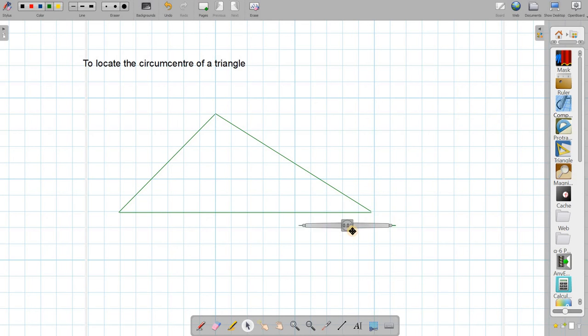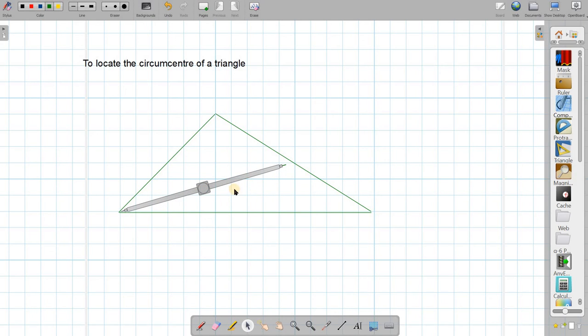For that, I am first going to draw the perpendicular bisector for the base. I'll just elongate it, it should be a little bigger. The needle is kept here. I can rotate it this way or this way.